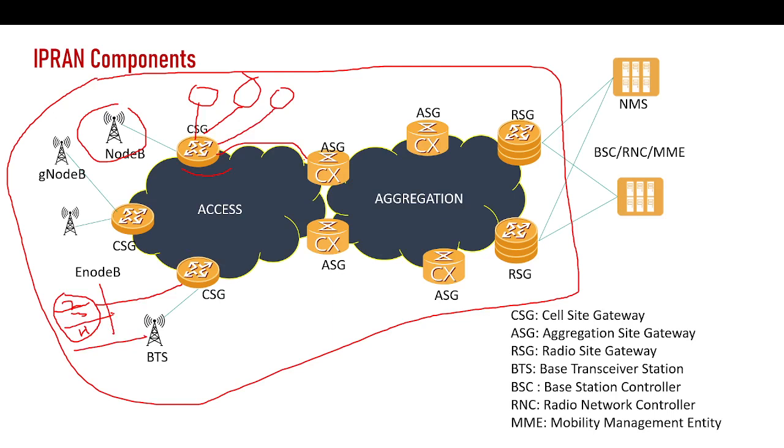It is able to serve different access technologies using the same connection. And what we do, of course, is configure this ATN or the CSG using VRFs or VPN instances to be able to isolate these different services.